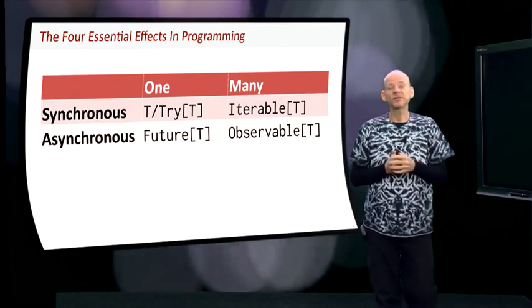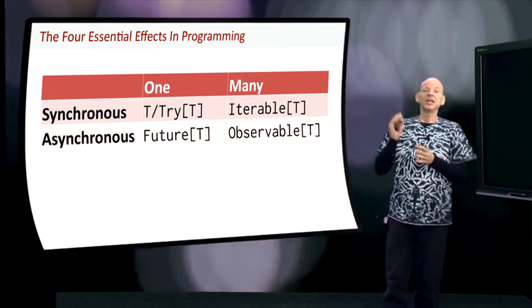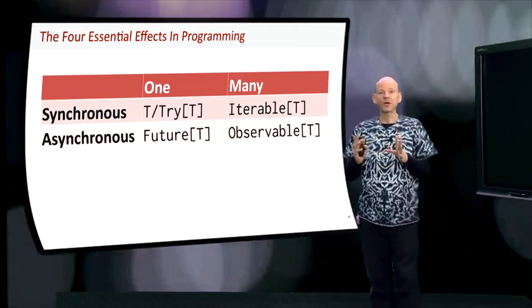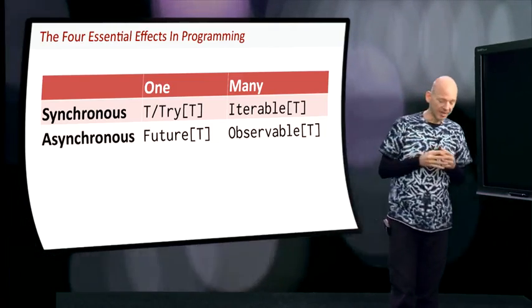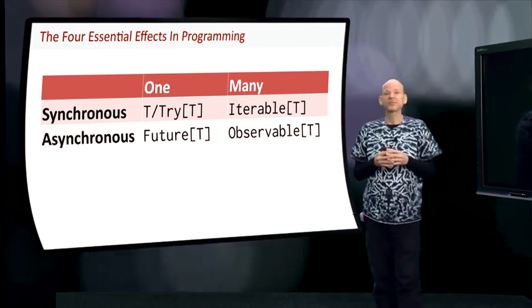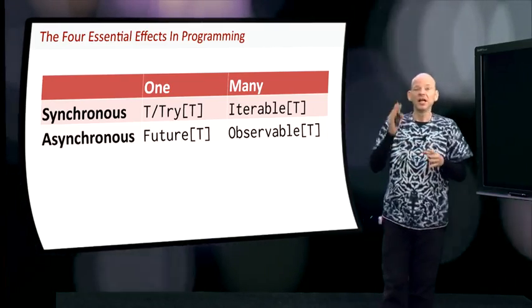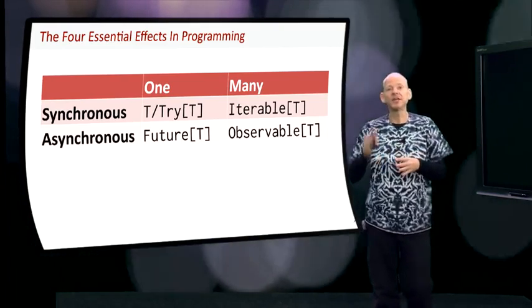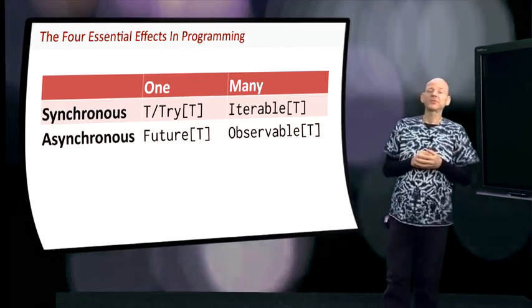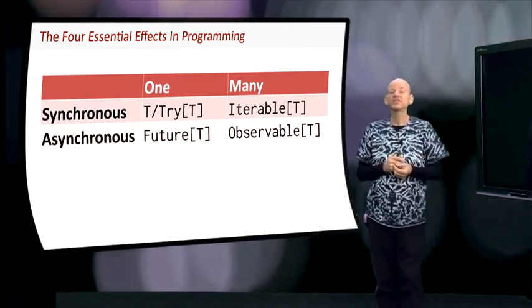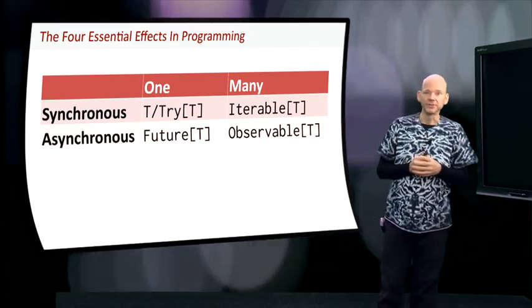What we're going to do in this first set of lectures is talk about the 4 essential effects in programming. The 4 essential effects in programming are in this table here. The one we're all familiar with is synchronous computations that return a single value.